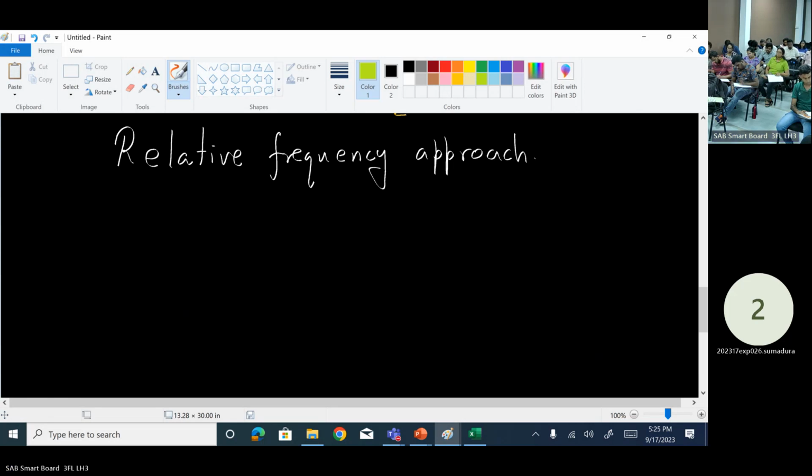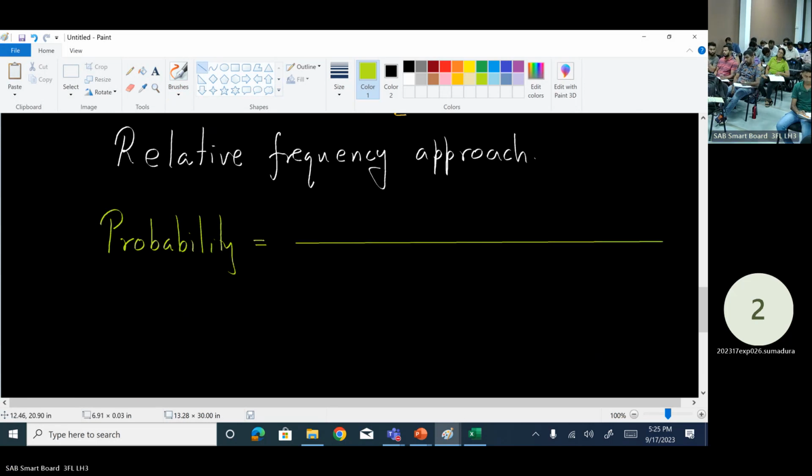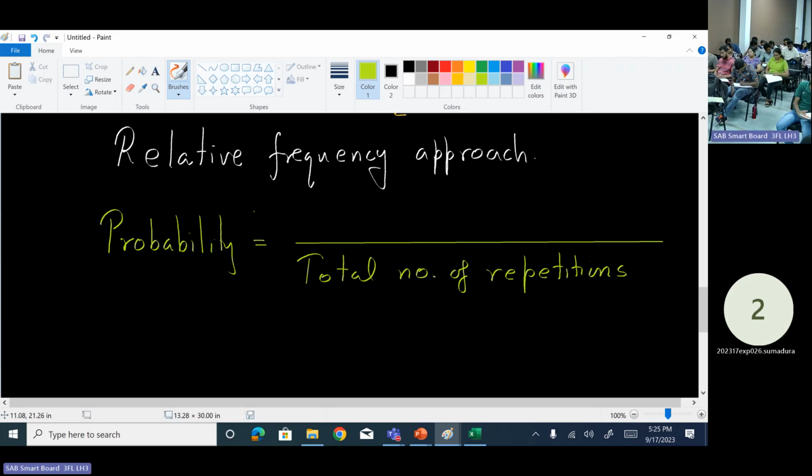So how is it defined? Here, in the denominator, total number of repetitions, because you are repeatedly doing the experiment.